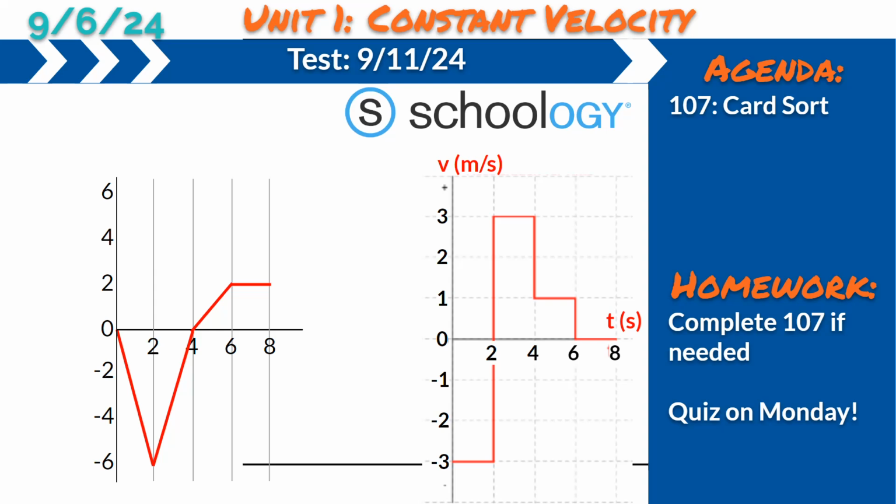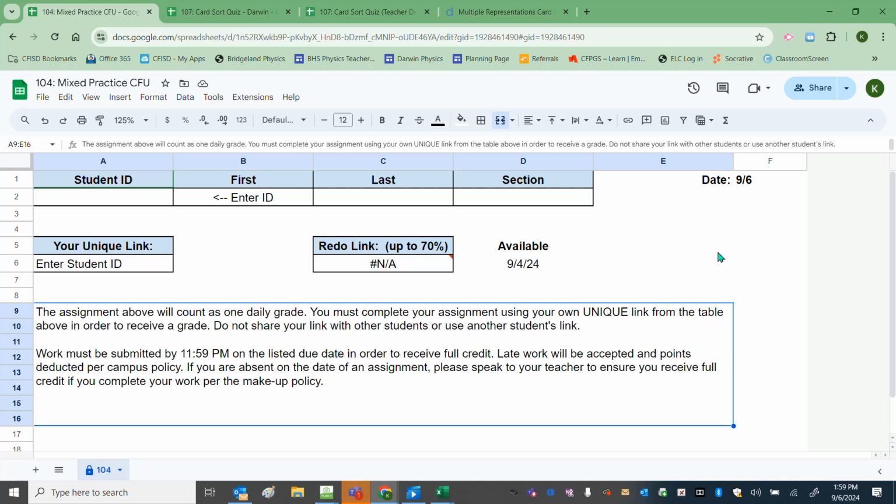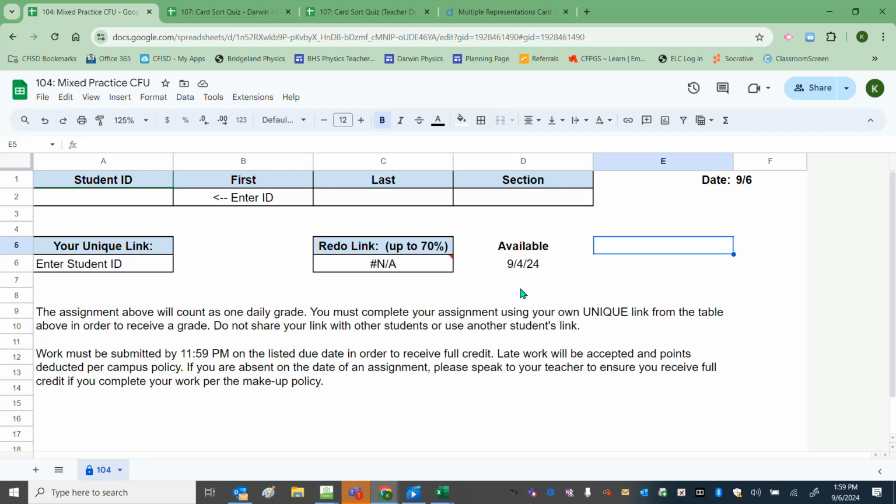So if you're wondering what you can look at, okay, first things first, you guys already took one quiz. You took 104 Mixed Practice CFU in class already. That grade's already in Home Access Center if you haven't checked yet. However, you couldn't tell what you missed and what you got right when you took it, of course, unless you got 100, okay? Then you would know. But otherwise, you don't know.